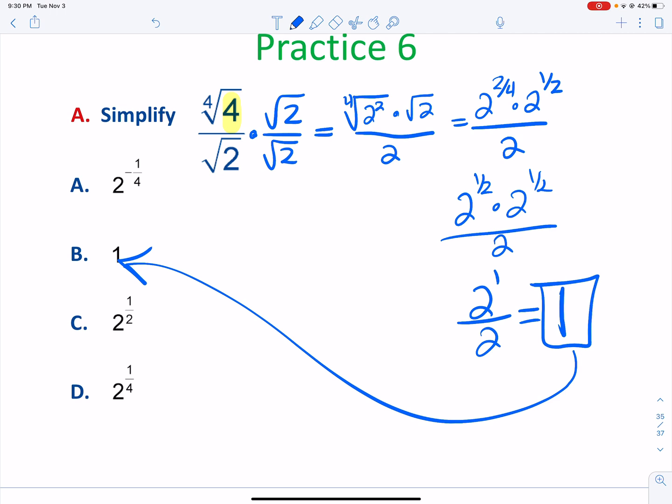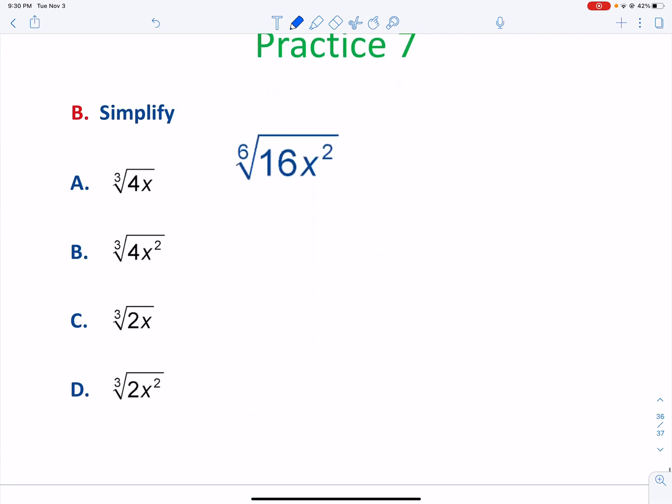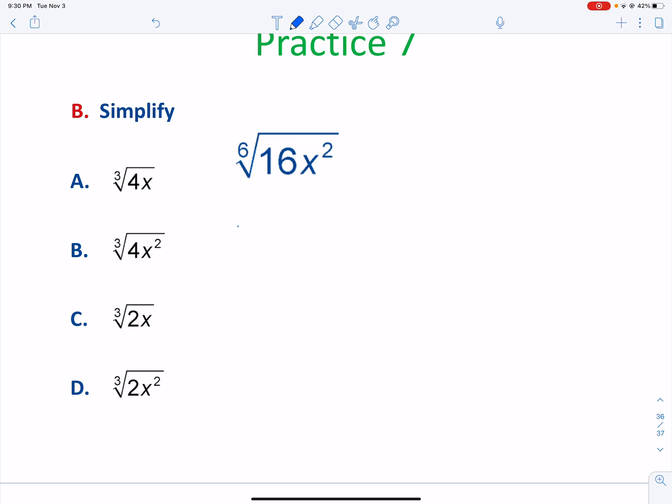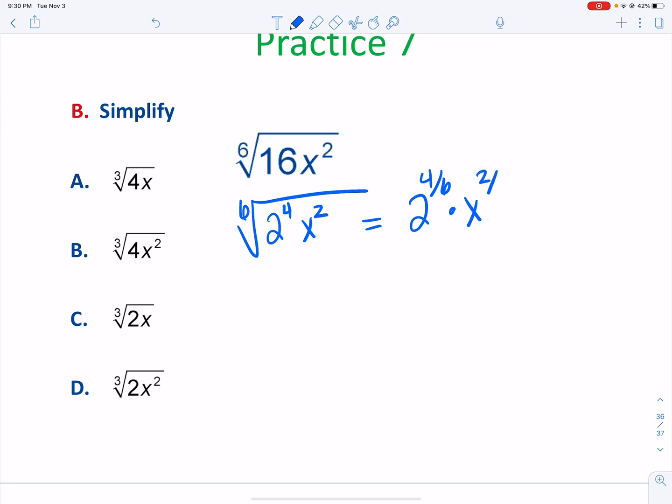Okay, and so on the next one, practicing this, I would rewrite this as 2 to the 4th x squared. So I would have 2 to the 4/6 times x to the 2/6. So this would be 2 to the 2/3 times x to the 1/3.